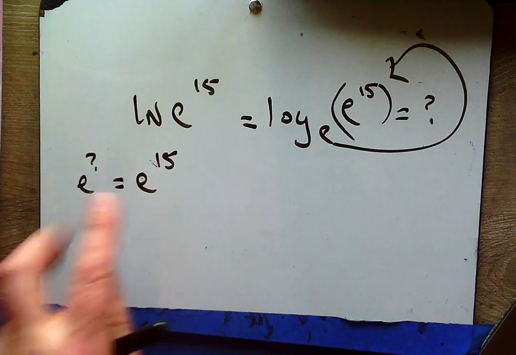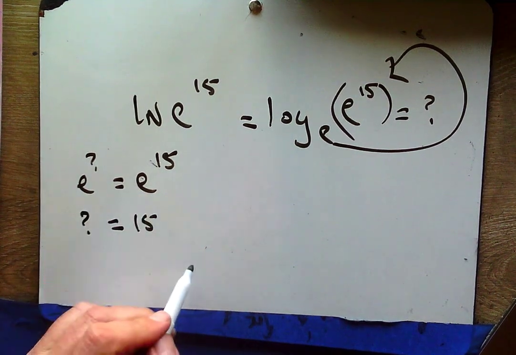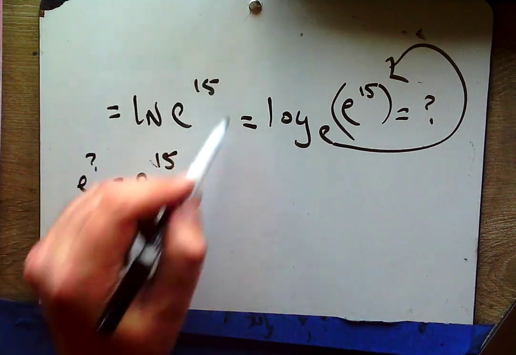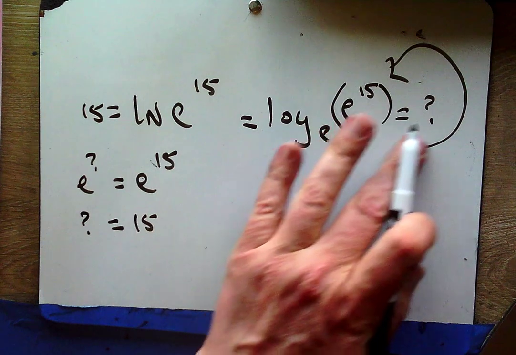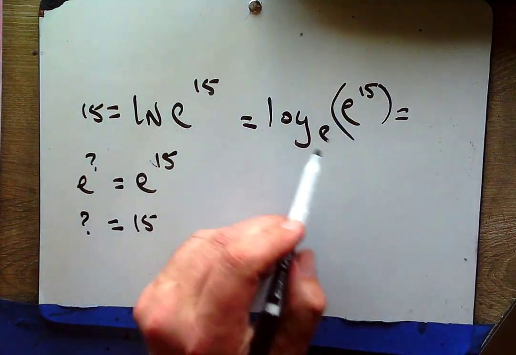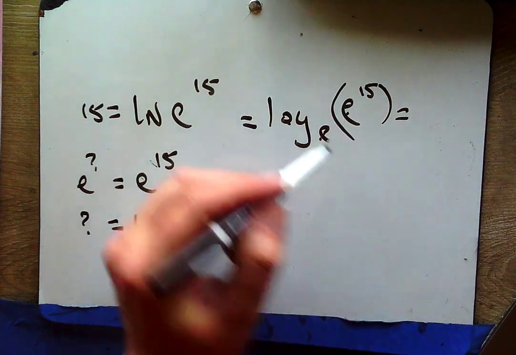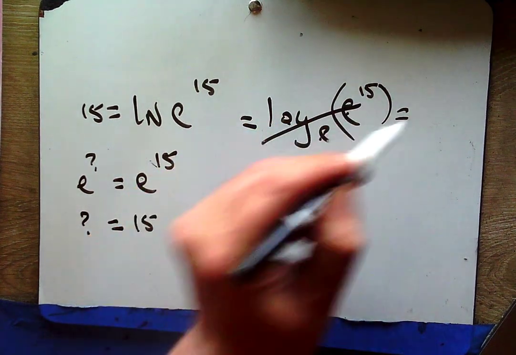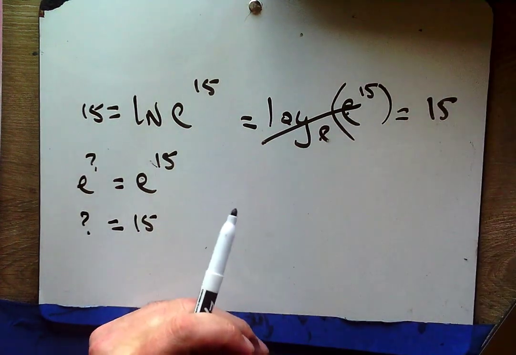And since the bases are the same and the terms are equal, we know that the powers also have to be the same. So this expression is equal to 15. But really, there is this other way. Log base e, e raised to the power of, undo each other because they're inverses, and I'm left with 15. Okay?